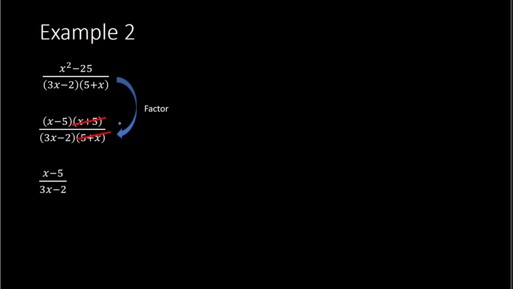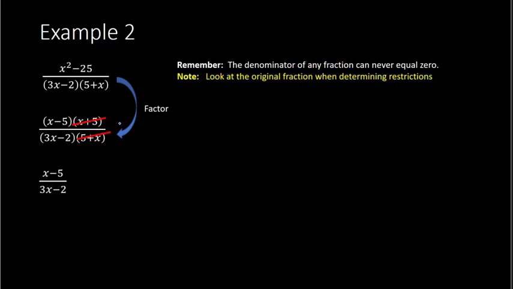Now once again, make sure that you remember that the denominator of any fraction can never equal 0. So when I am doing this, I want to look at the original fraction. So look up here, not at my final answer. So looking up here, we see that this denominator cannot equal 0.